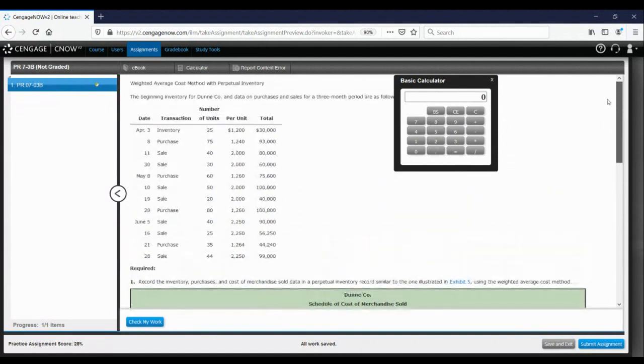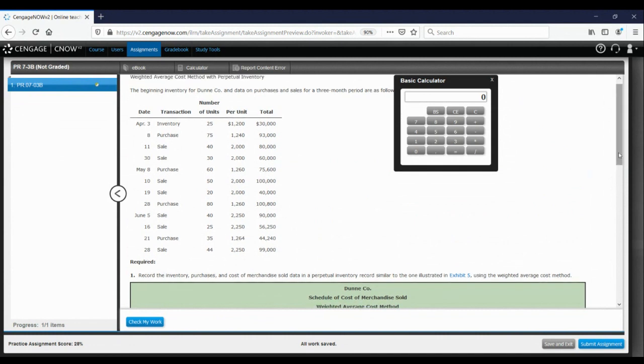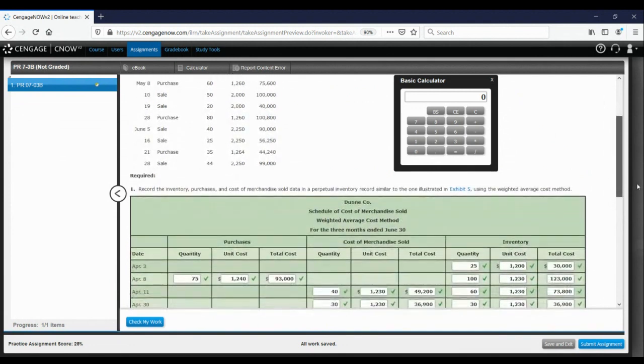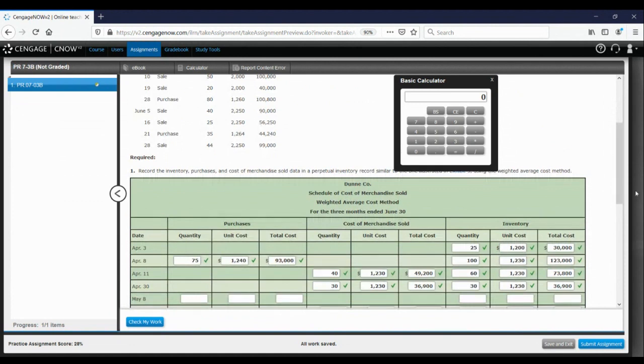On May 8th, we had another purchase. Remember, when you're using the weighted average method, every time you make a purchase, you have to calculate a new weighted average for those units. So when we purchase 60 more units on May the 8th, in our purchases column, we're going to record that we bought 60 units.